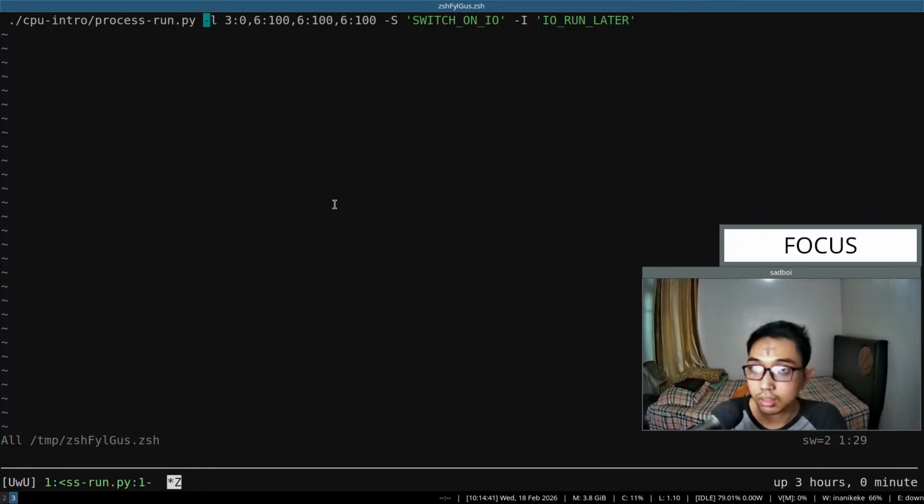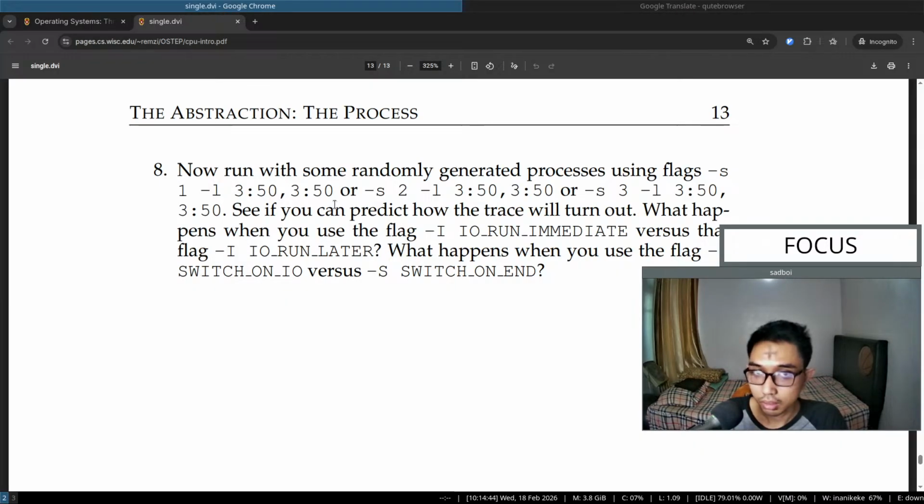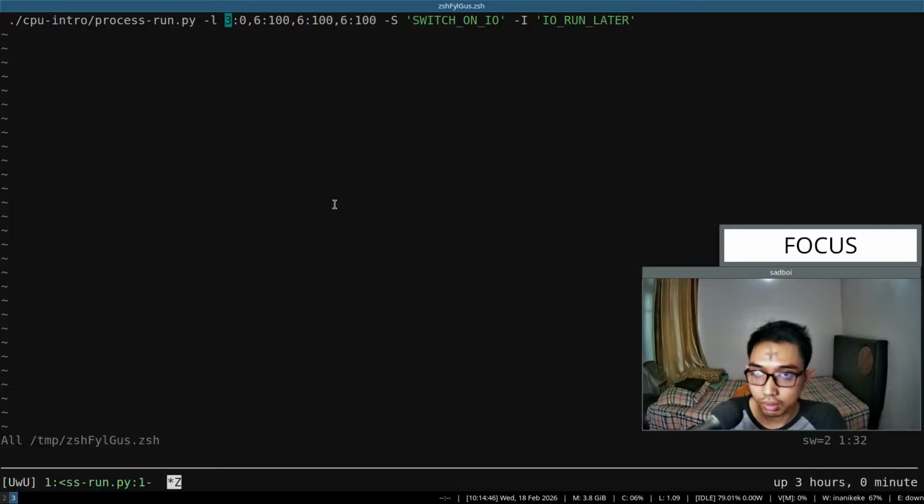Okay. 50-50. Now let me try to understand 50-50. Is it consistent or not? I mean, we have two processes, right?